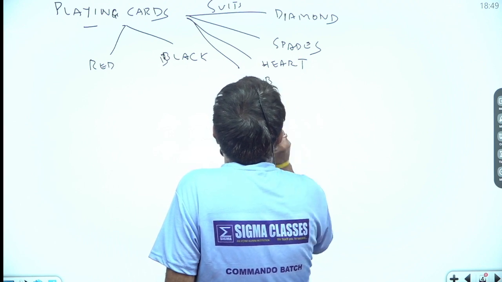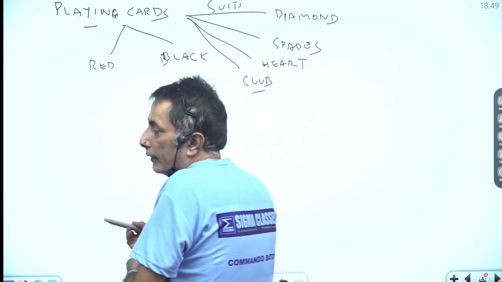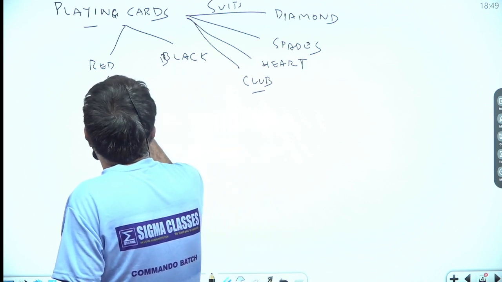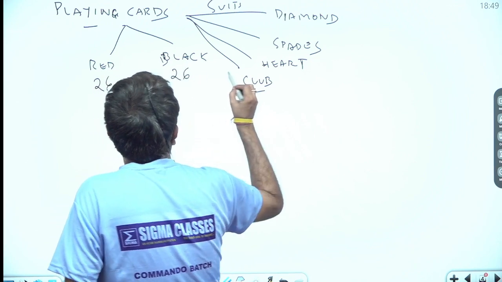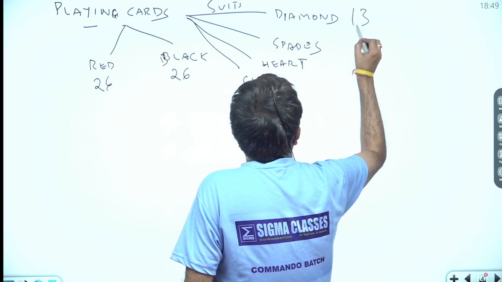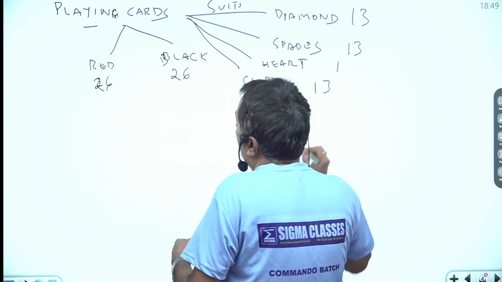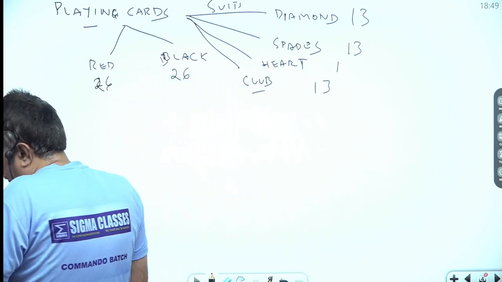So you have 4 suits and 26 red cards and 26 black cards. Diamond, spade, heart and club are all 13 each. So in 52 cards, you clearly can see the breakup.